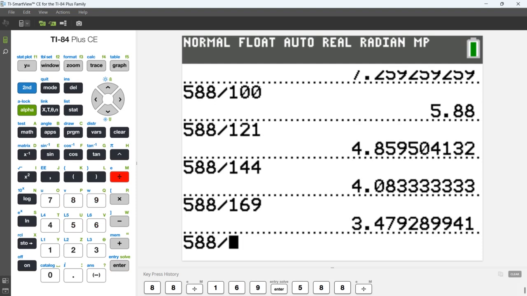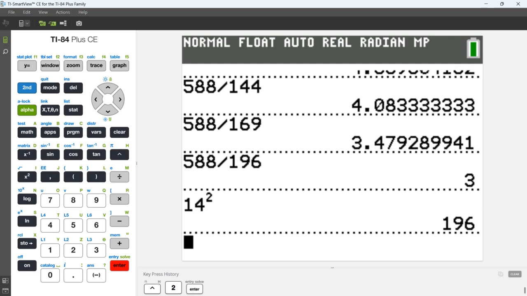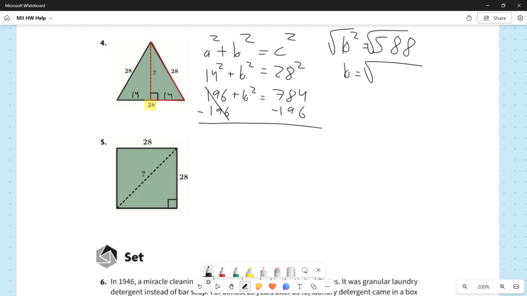However, 588 divided by 14 squared, which is 196, does in fact work. So with this question, the largest square number that goes in evenly into 588 is 196, and 196 is 14 squared. Okay? So 196 is our square number that we want in this situation.